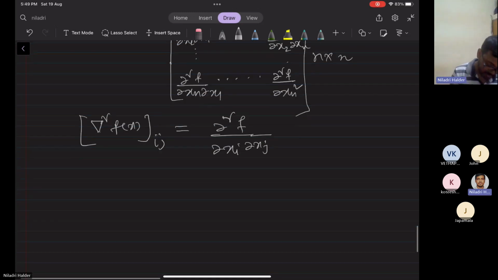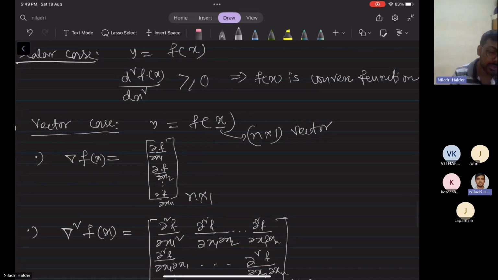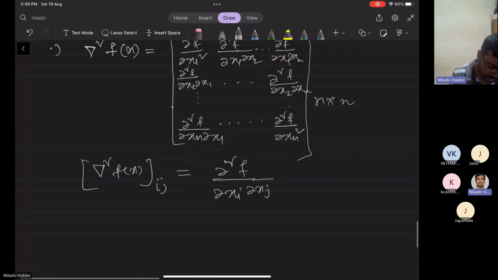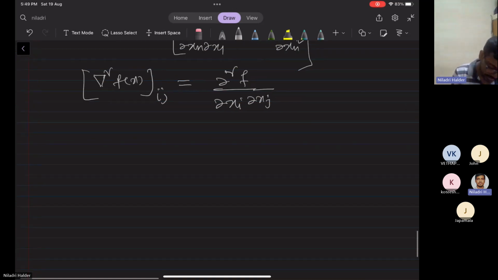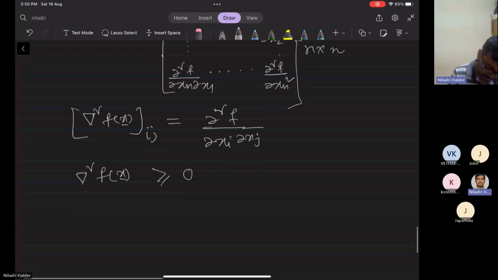The condition earlier was greater than or equal to 0. Now it's a matrix, so matrix greater than or equal to 0 means the matrix should be positive semi-definite.